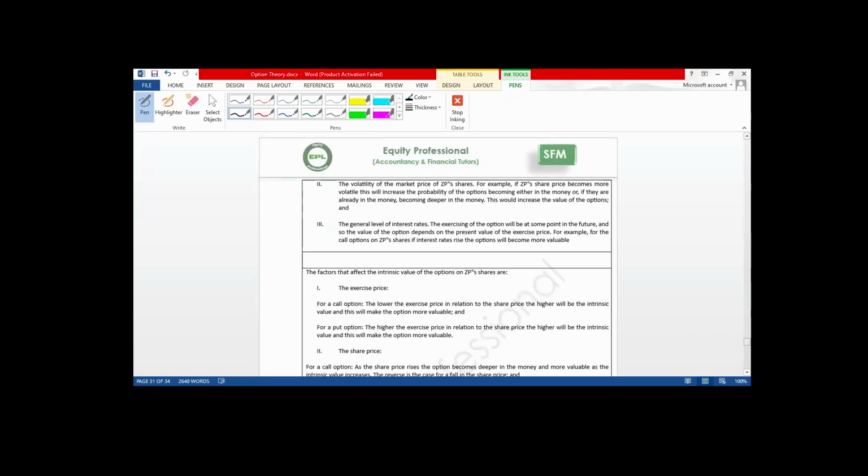Factors that affect intrinsic value. One, the exercise price. For call option, the lower the exercise price relative to the share price, the higher will be the intrinsic value.